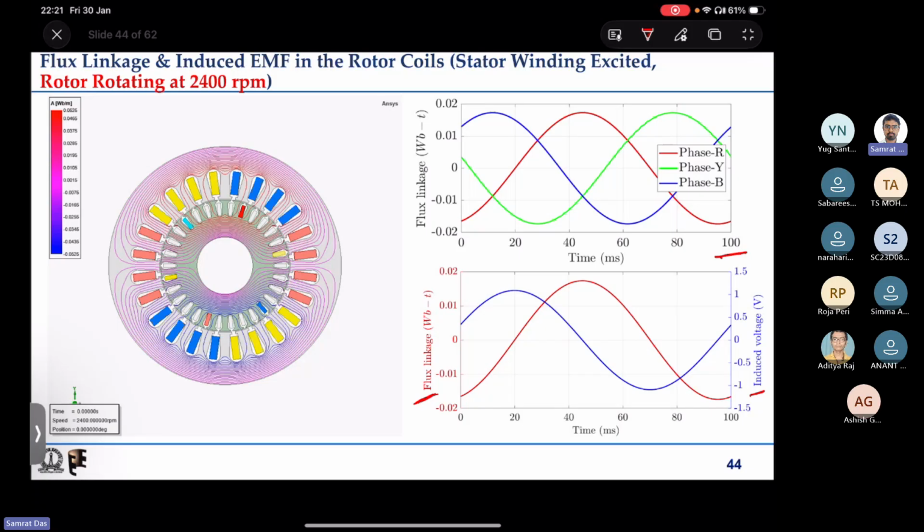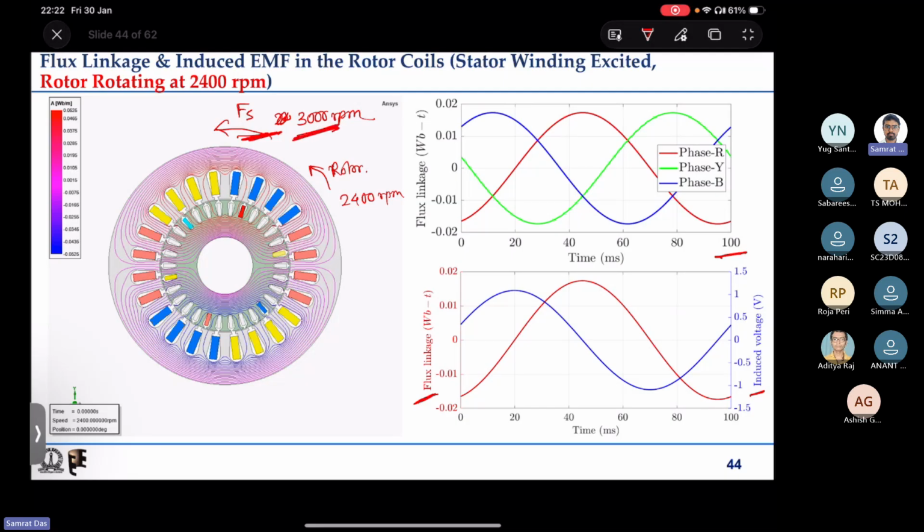So what is this case? Here the stator magnetic field Fs rotates at 3000 rpm in the anticlockwise direction. The rotor rotates in the anticlockwise direction at 2400 rpm. So what is the relative velocity of the rotor conductors with respect to the stator magnetic field?